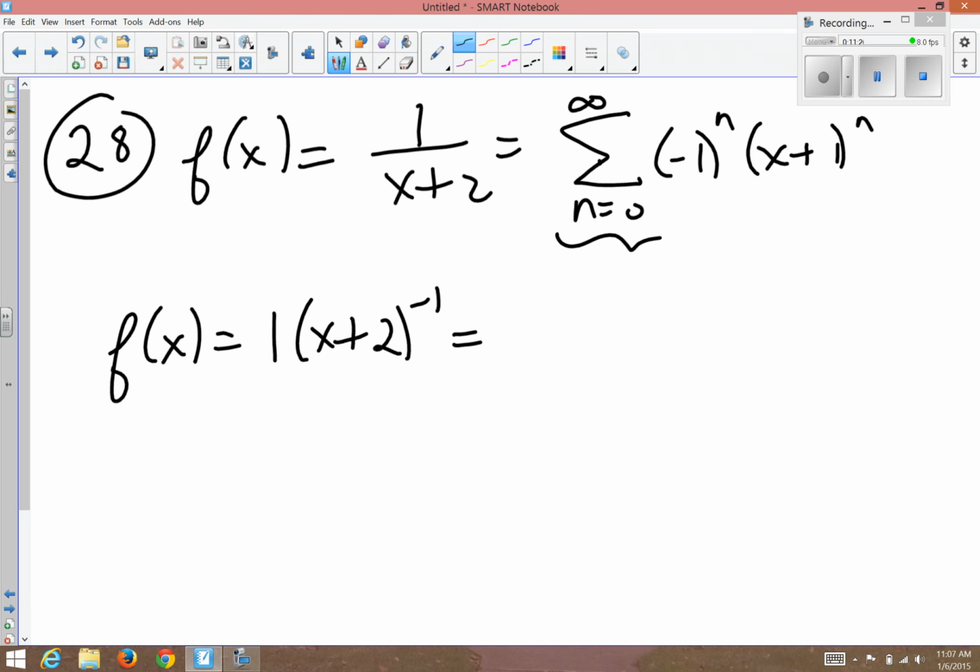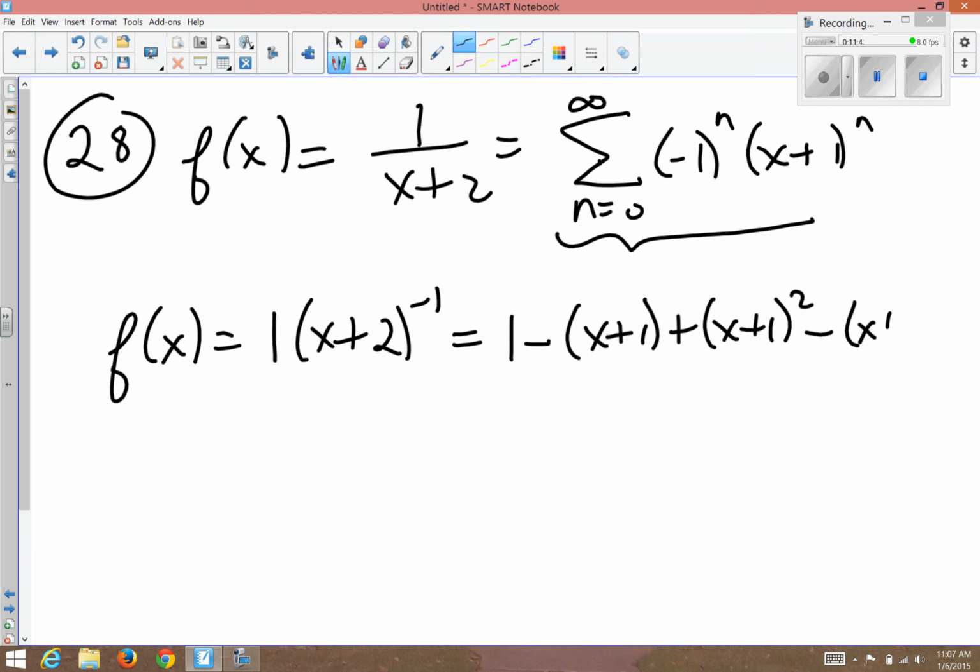And we're going to rewrite that as 1 minus x plus 1 plus x plus 1 squared minus x plus 1 to the third plus dot dot dot plus negative 1 to the n times x plus 1 to the n plus dot dot dot. So f of x is 1 over x plus 2.